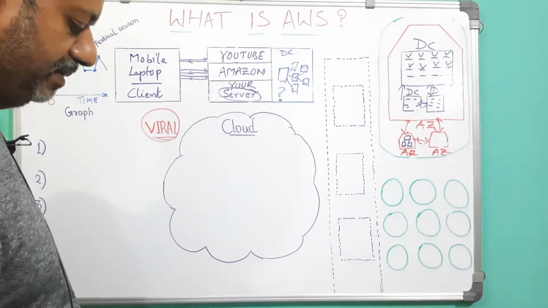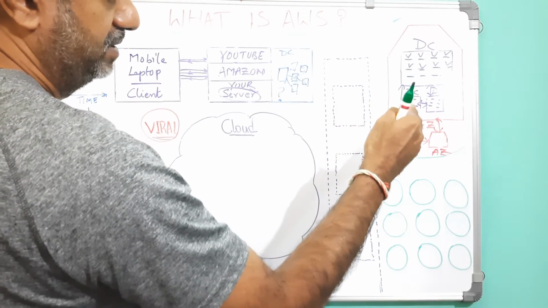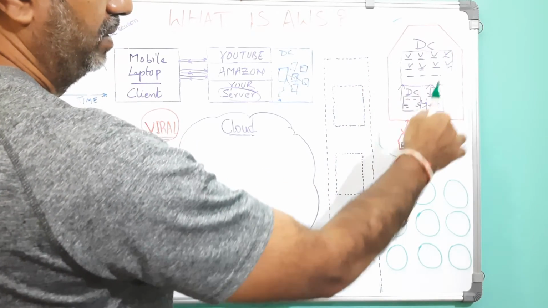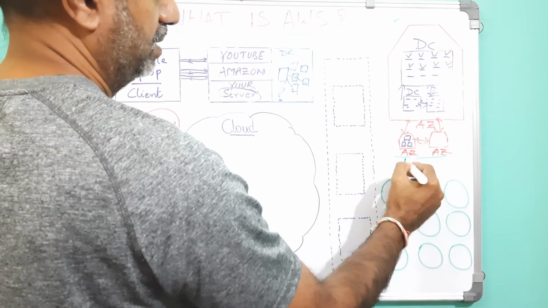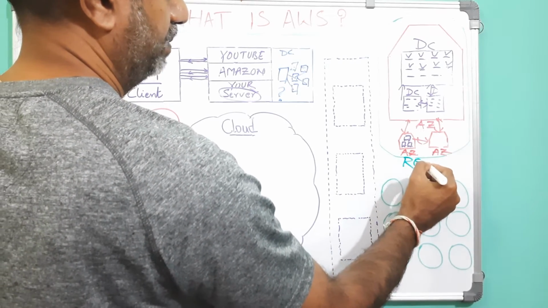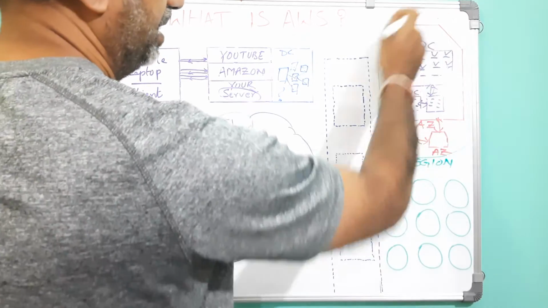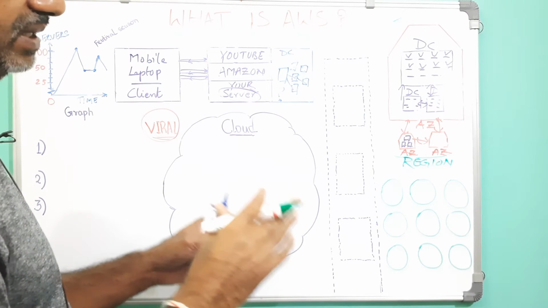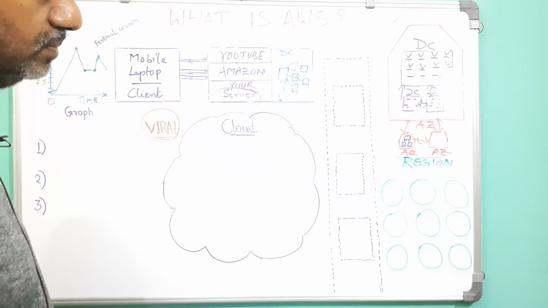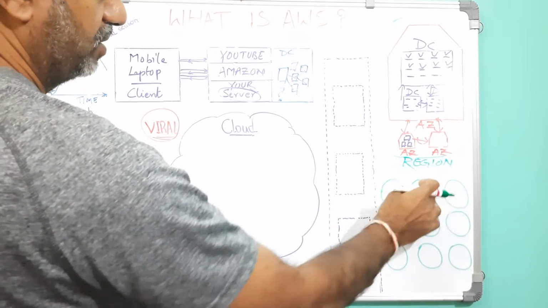Okay, and basically multiple data centers contribute into one availability zone, and multiple availability zones are clubbed into a region, and this region is a physical location in a particular city in a particular country.